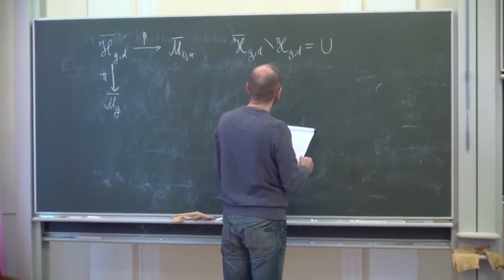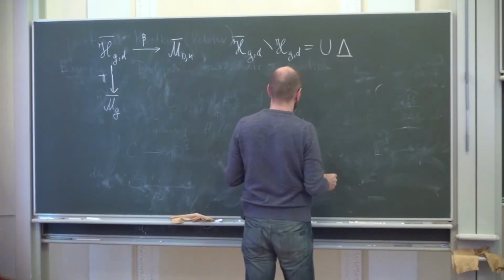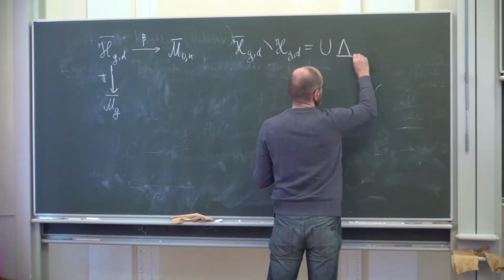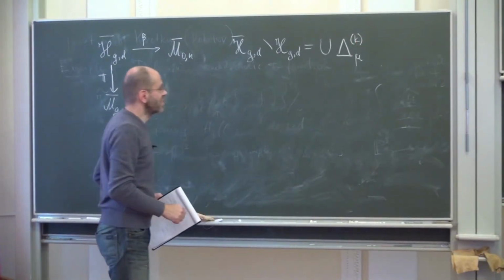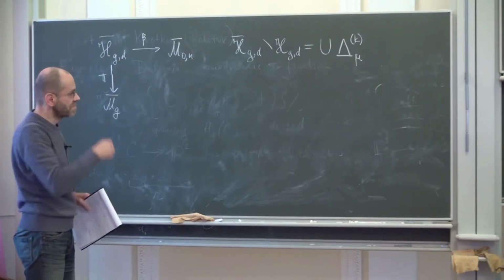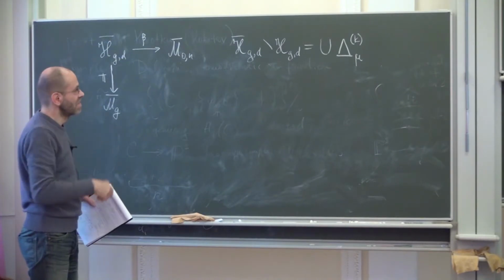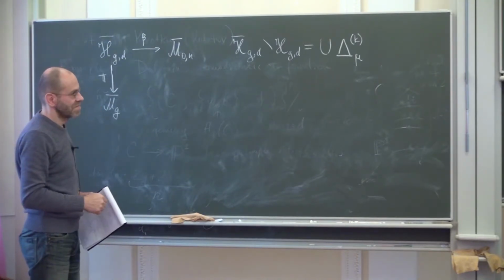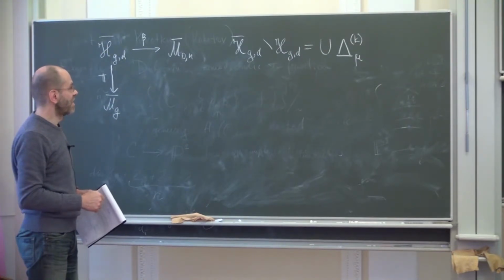And these divisors I denote by delta mu,k. They are not irreducible, but they are divisors. And it's clear that k must be at least 2. Otherwise, the stability condition will not be satisfied.